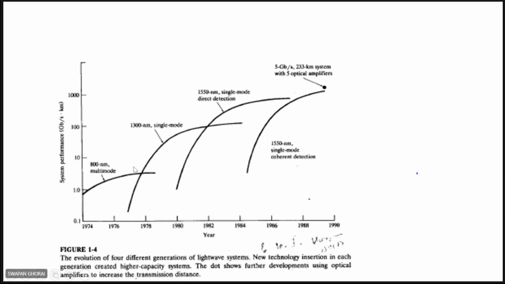Next, it is 1300 nanometers. It started with 1300 nanometer single mode fibers. At this particular wavelength, the dispersion effect was minimum, and the data rate was increased up to 4 Gbps. Earlier it was 100 Mbps.